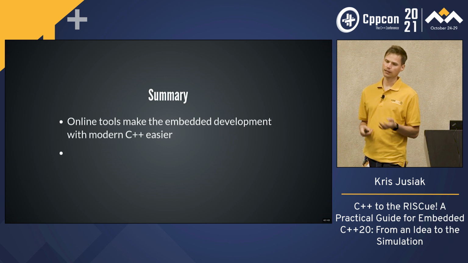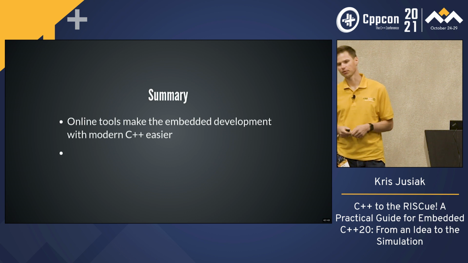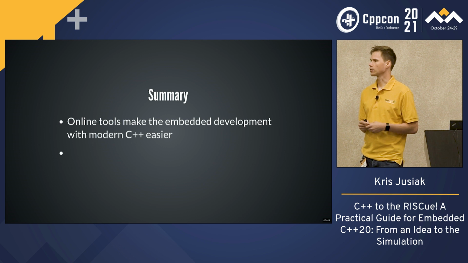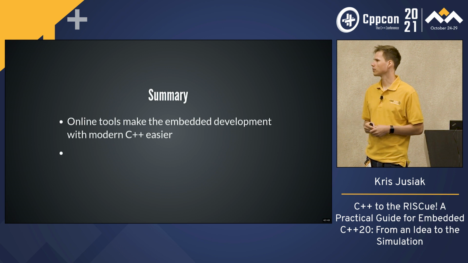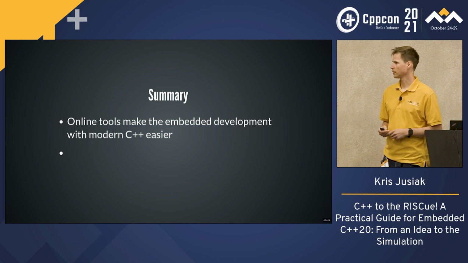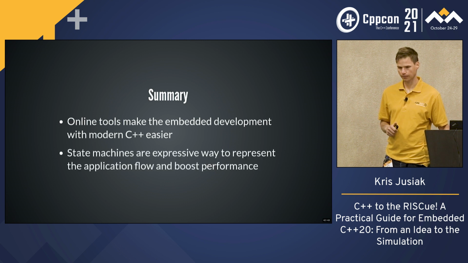Not everything is easy, like you noticed this copy in assembly could be easier, but it is possible. And it would be nice to be able to simulate Raspberry Pi. Would be nice to have the newest and greatest compilers. But yeah, that's where we're at.